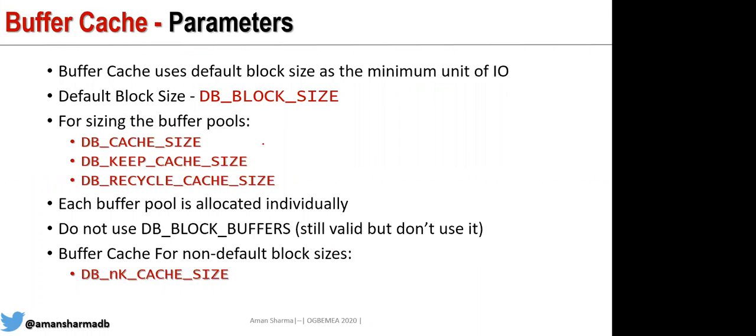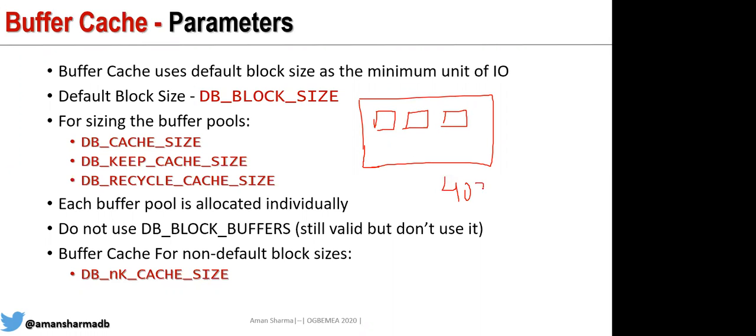So the buffer cache, unlike the shared pool, is a cache which is maintained by a default and static unit of memory, if I can say. That means if this is the buffer cache, every chunk of this cache is going to be of the same size, which is the reason that in the buffer cache you don't get ORA-4031, an error which is very popular in terms of the shared pool.